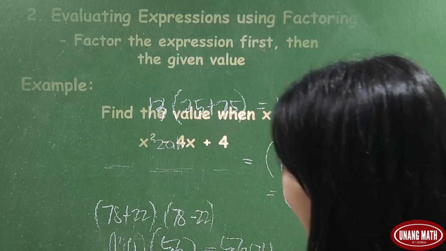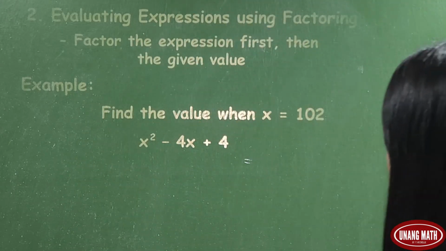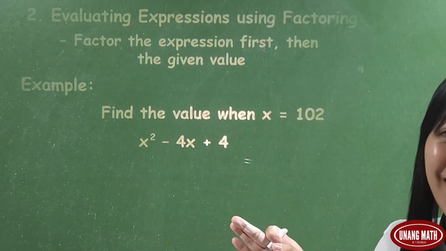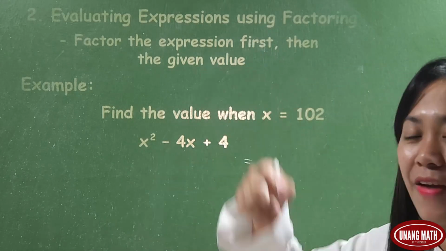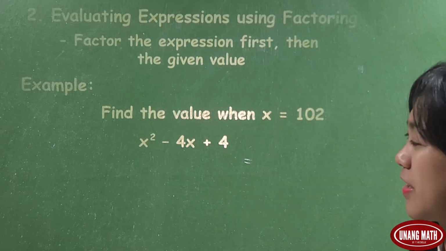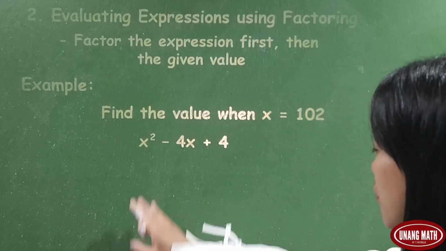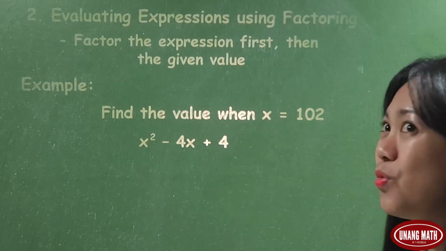Okay, now, let's evaluate expressions using factoring. First, we have to factor the expression, and then later on, we will substitute the given value in the factored expression. Okay, let's give an example. We will find the value of this expression x squared minus 4x plus 4 when x is equal to 102.